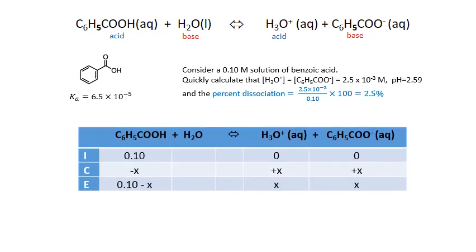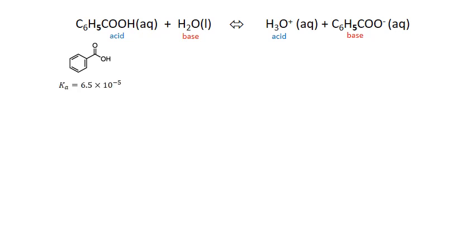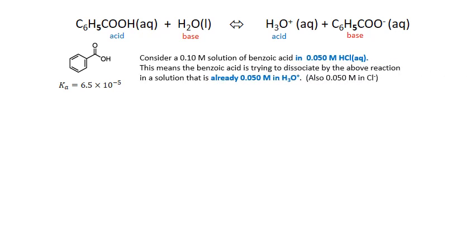Here's the ice table that you would use to do that calculation. We've seen it many times, but I want to compare it in this next example to other situations. Let's consider the same thing, only this time, instead of just dissolving it in water, let's dissolve it in a solution that's already acidic because it's an HCl solution, all right?